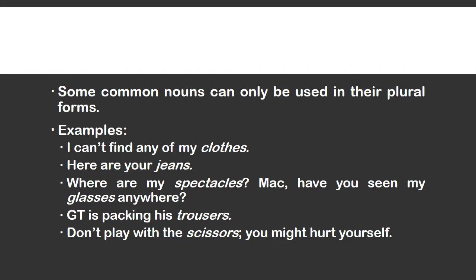In the same way, there are other words which are always used in plural. For example, goggles. Goggles, glasses, binoculars only show up in the plural. Then scissors we already studied, but in the same way there are tongs and tweezers, which are also used in plural.